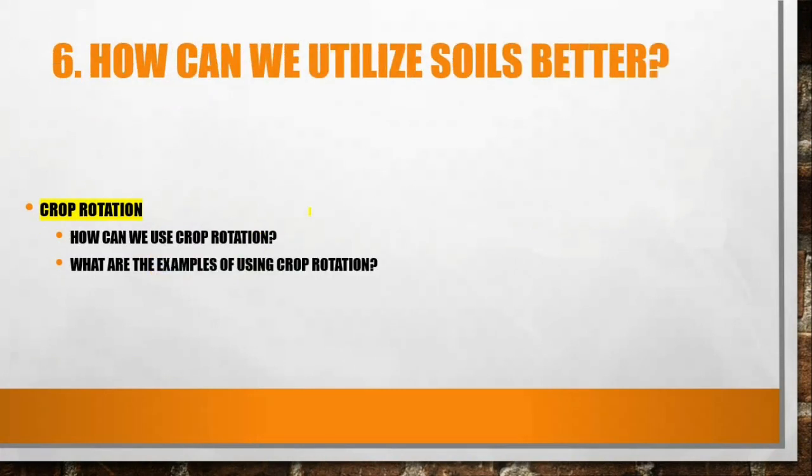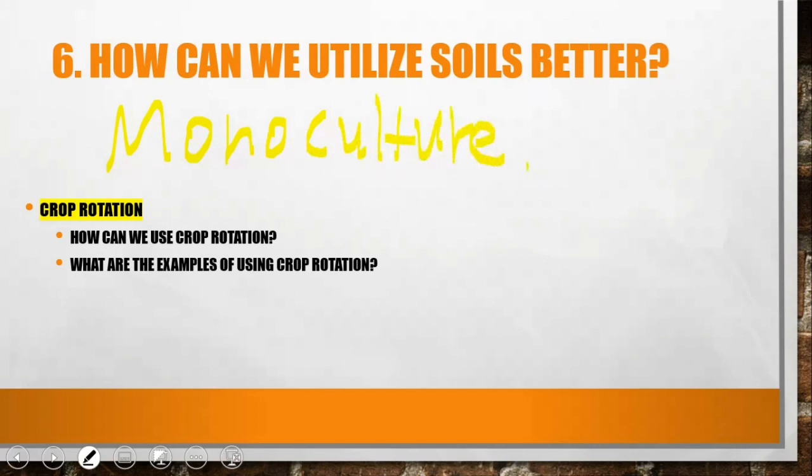How can we utilize soils better? In textbook, even though I didn't go through as detail about this, there's something called monoculture. We talk about this as example, but monoculture is not the best way of doing it because like the word it says mono, that's a fancy way of saying, for example, if you're a farmer, you're planting only one type of crop.